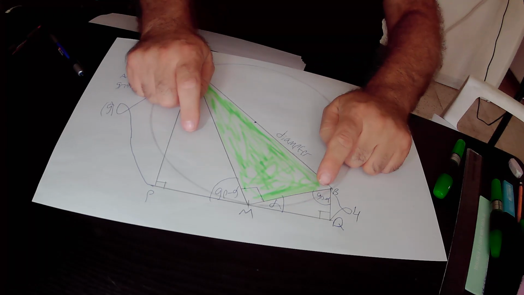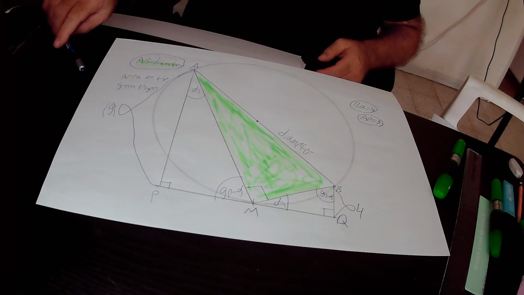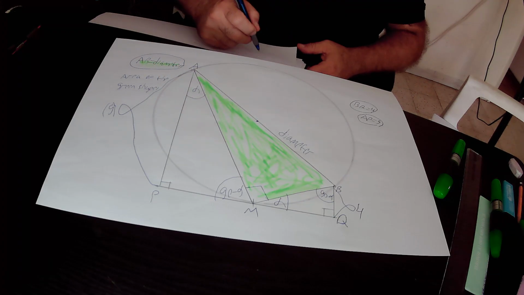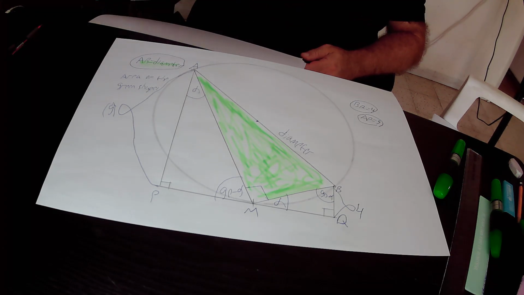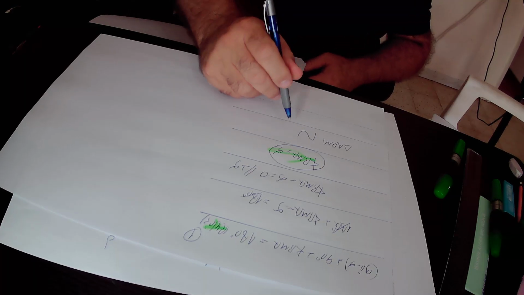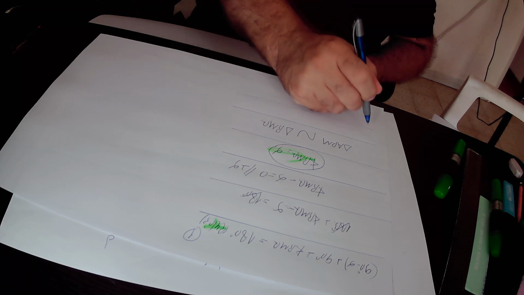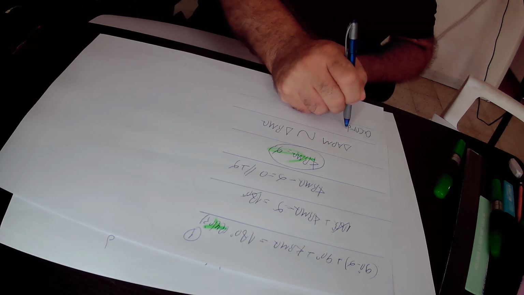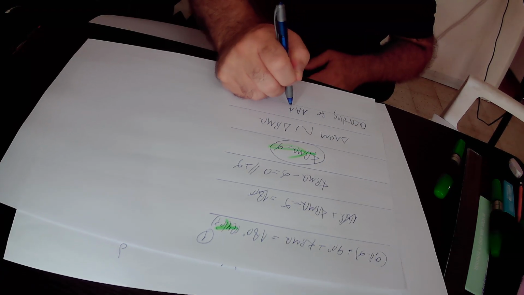Therefore, those two right triangles are similar to each other according to the angle similarity rule. So the big right triangle APM is similar to the small right triangle BMQ according to the angle similarity rule.